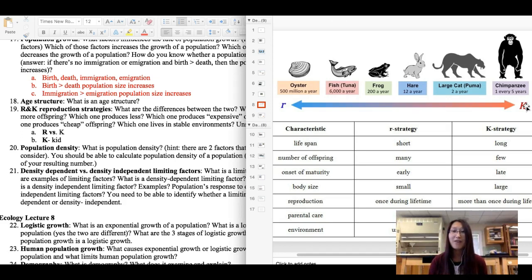Every time we have a child, that child is very well developed, and we put in a lot of energy into producing that child.